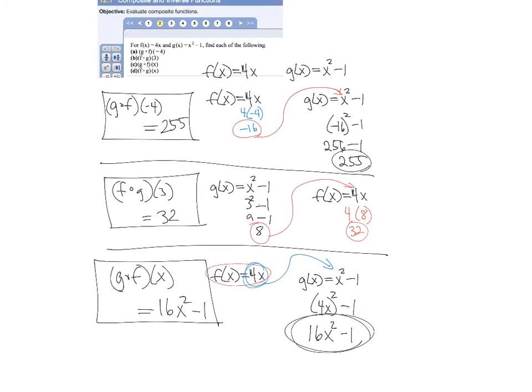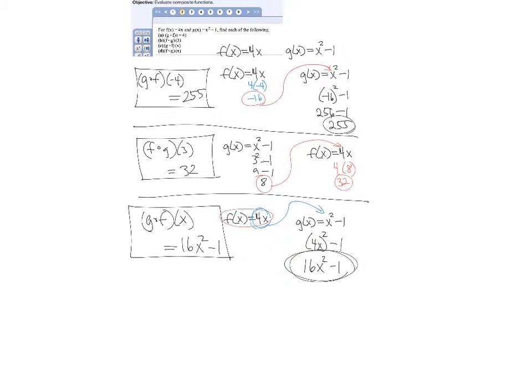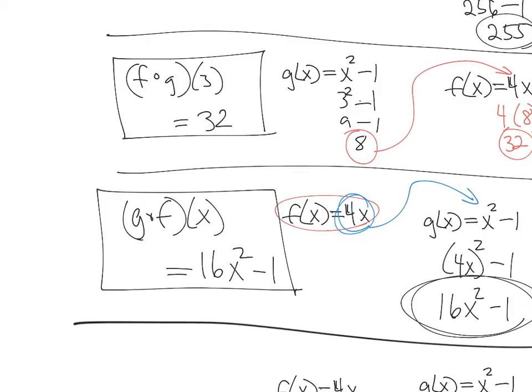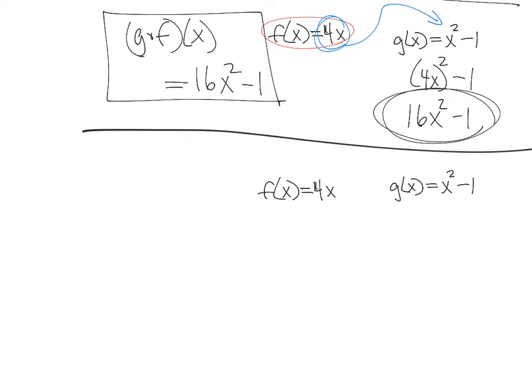And then, lastly, we have one last one. And we know we're going to need a couple of functions here. And so what we're being asked to do is f of g of x. All right, so f of g of x.